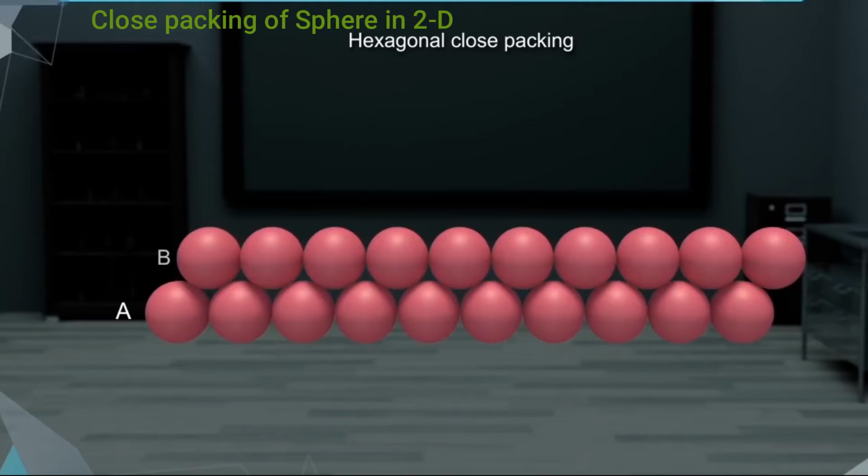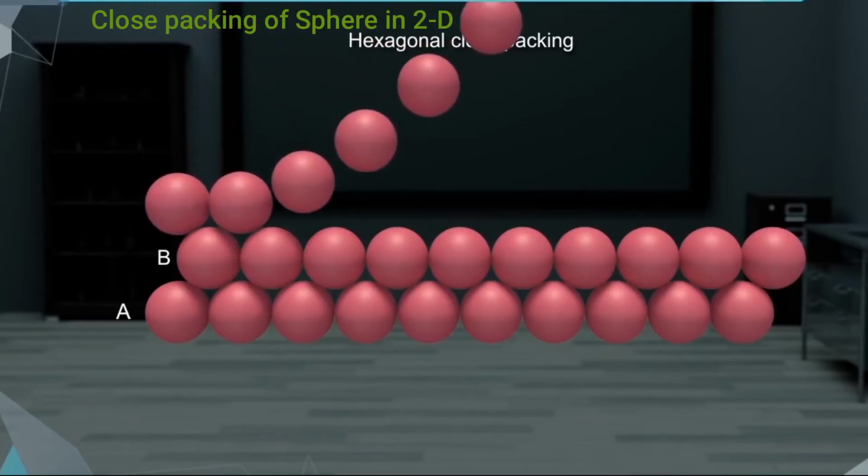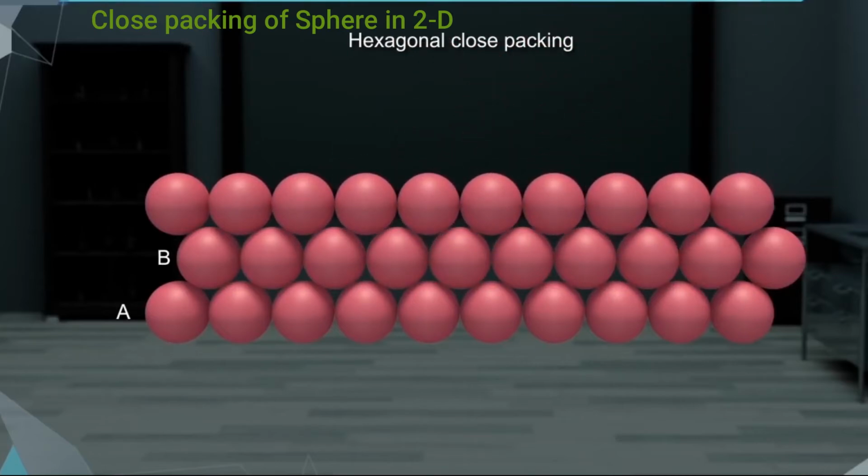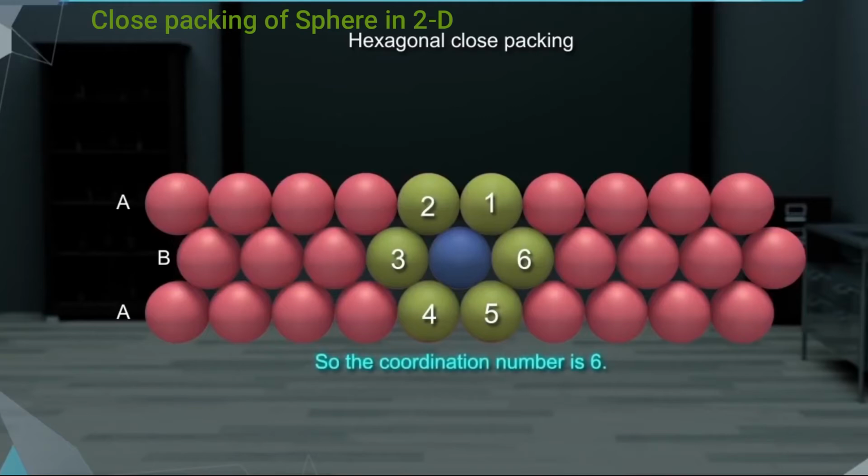When the third row is placed adjacent to the second in a staggered manner, its spheres are aligned with those of the first row. Hence, this row is also of A type. The spheres of the similarly placed fourth row will be aligned with those of the second row, that is B type. Hence, this arrangement is of AB type.